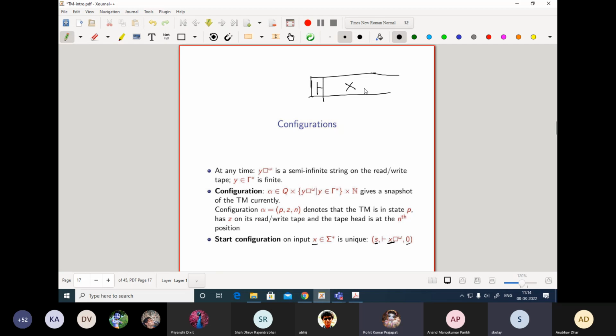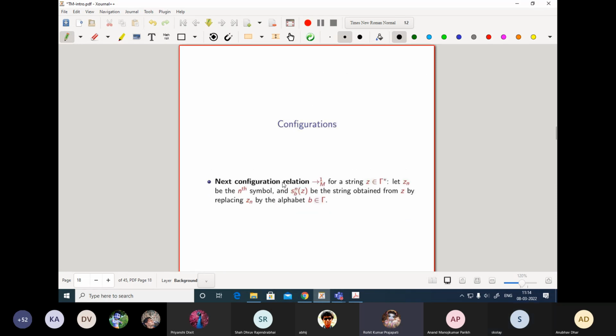You have the input string x written down and the rest of the cells have blank symbols, and your tape head is at this 0th cell, which contains the left-hand marker, and in your finite control, you are at state s, the start state. This is your start configuration.